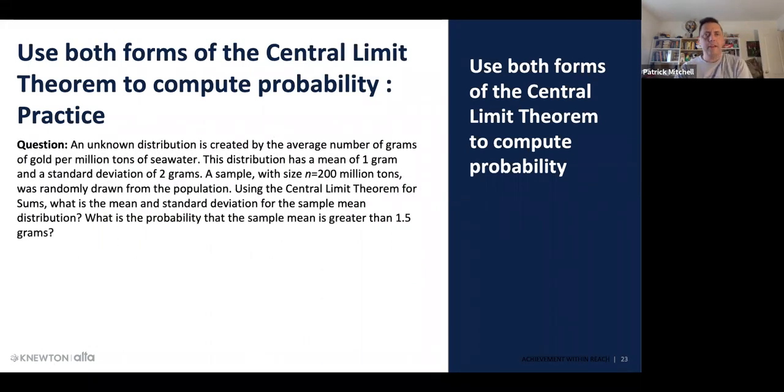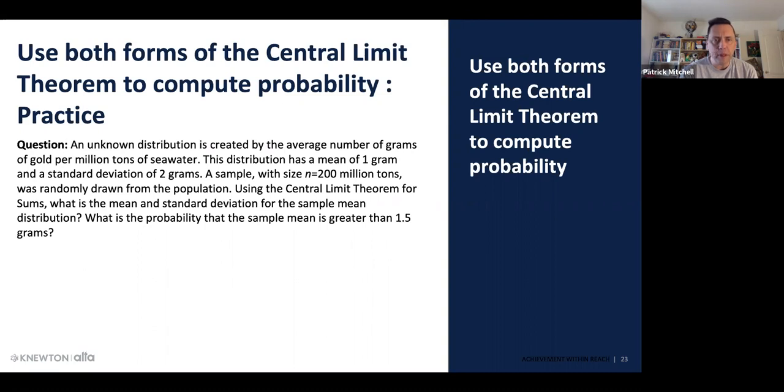All right, here's another example. An unknown distribution is created by the average number of grams of gold per million tons of seawater. This distribution, as you've heard a few times, has a mean of 1 gram and a standard deviation of 2 grams. A sample with size n equals 200 million tons was randomly drawn from the population.